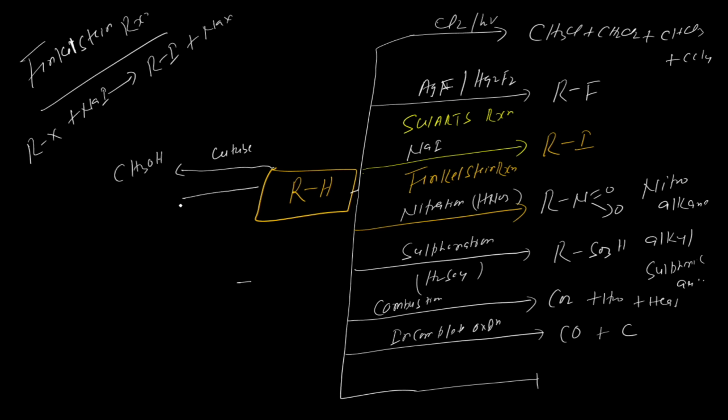And next, with molybdenum oxide Mo2O3, it will give formaldehyde. With higher alkane in presence of Ag2O, what will it give you? Carboxylic acid. Very nice. And there is one more, in presence of alkaline KMnO4.